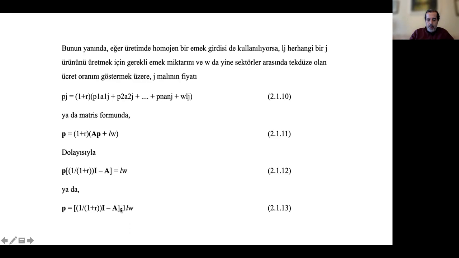The minus 1 refers to the inverse. It should have been a superscript, of course. Times the quantities of labor times the wage rate. So this shows the relationship between prices and the costs of production.